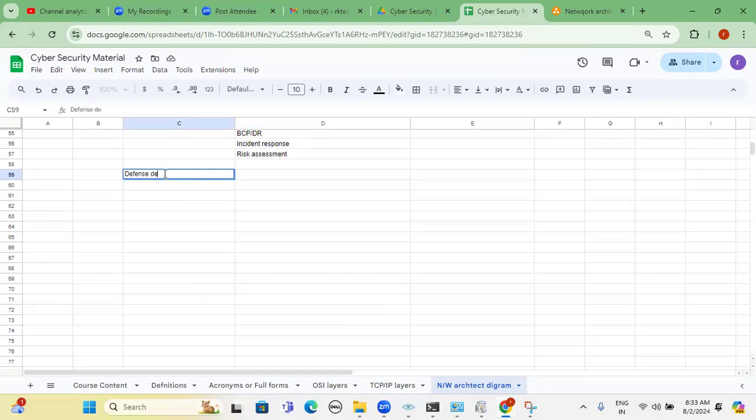Defense in depth control. What is meant by this defense in depth control or defense in layers approach?